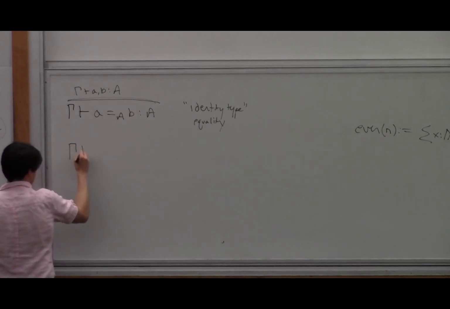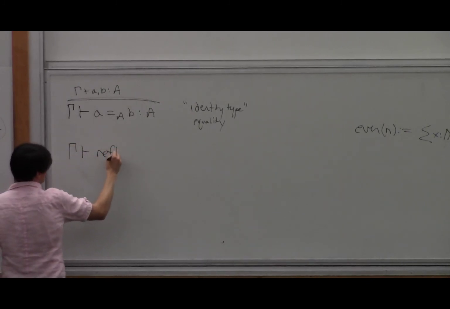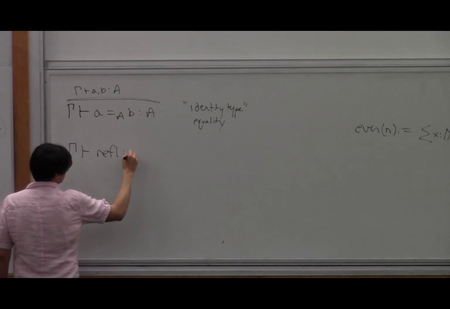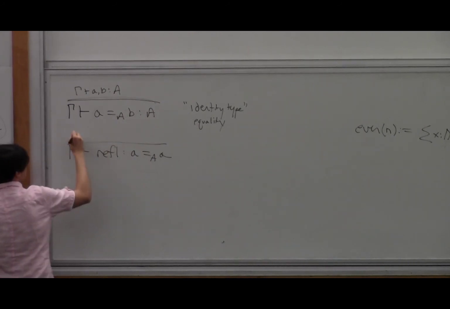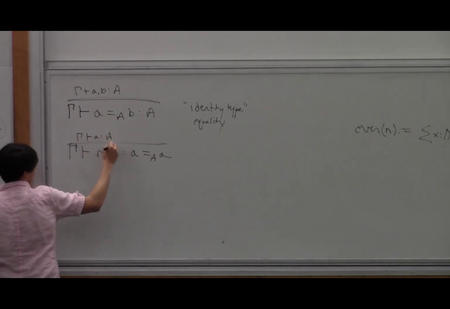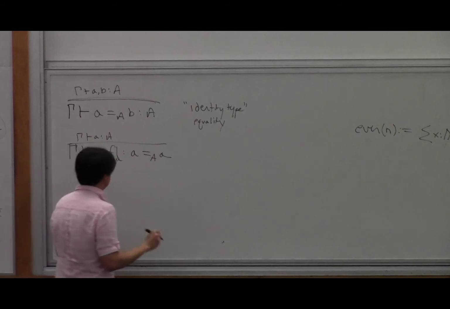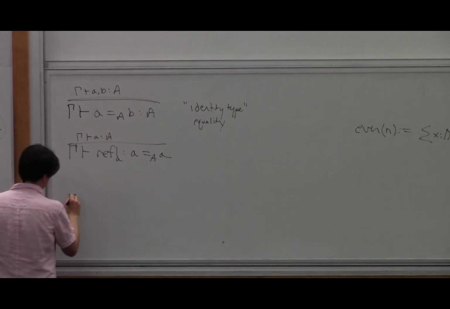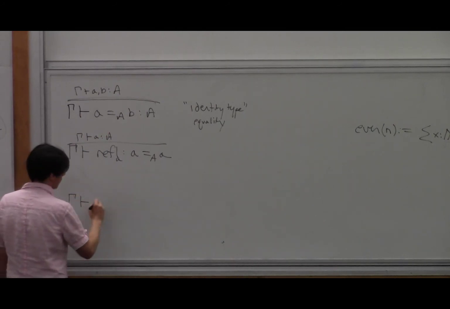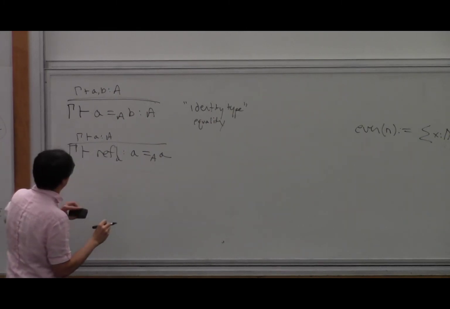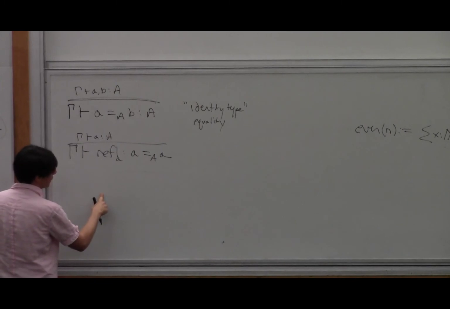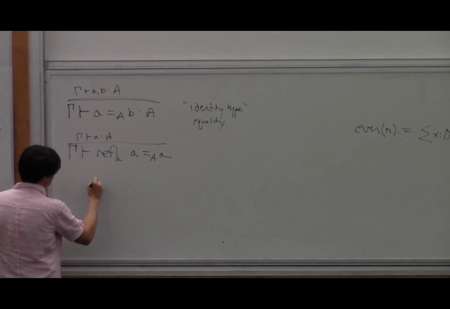Well, here are the rules. Reflexivity is an equality of A with A in A, if A is in A. And it's a little bit complicated, so let me write it as a function instead, since I think that's a little easier to parse on a first go.